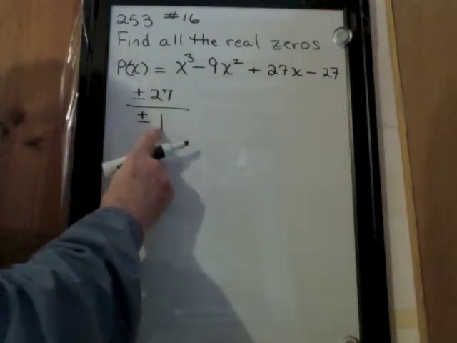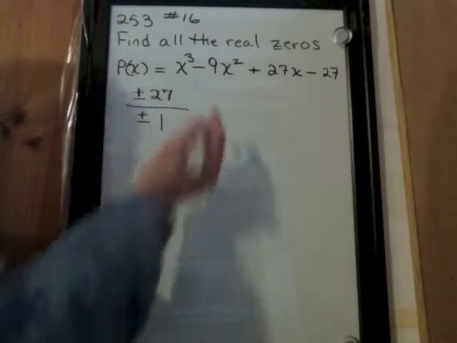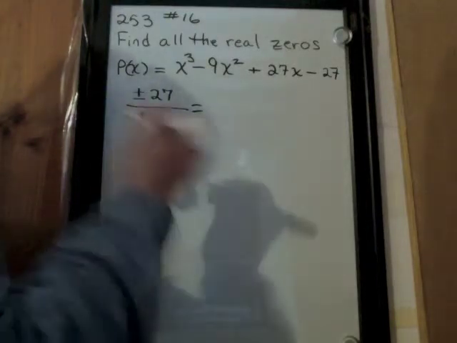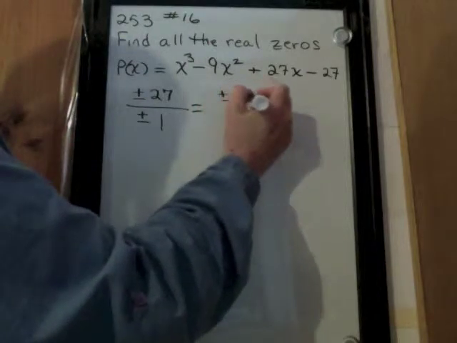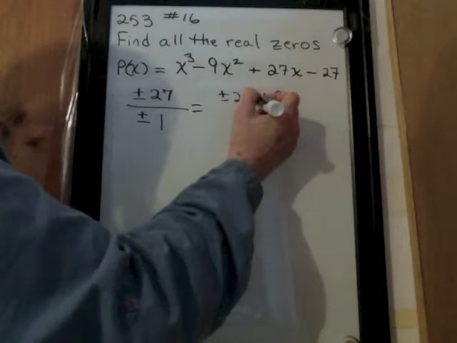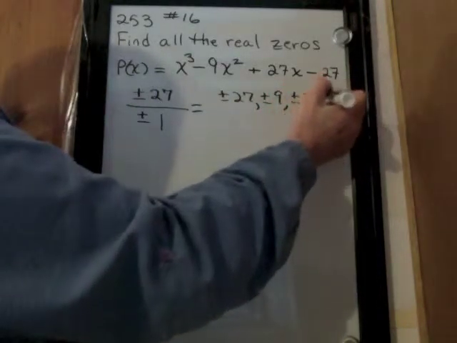If it's a 2, then you'd have to use plus or minus 1 and plus or minus 2 here and get all kinds of fractions. So the possible answers for this particular problem are plus or minus 27, plus or minus 9, plus or minus 3, plus or minus 1, all the factors of 27.